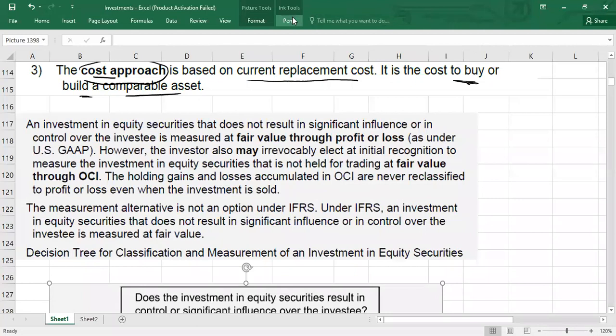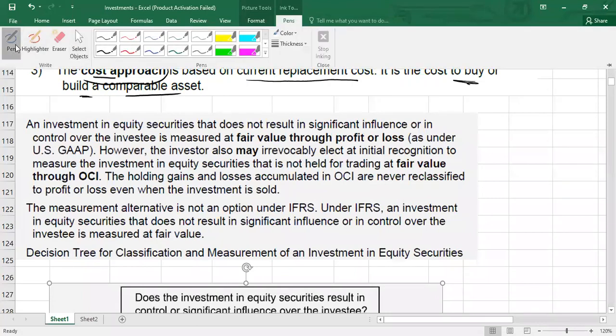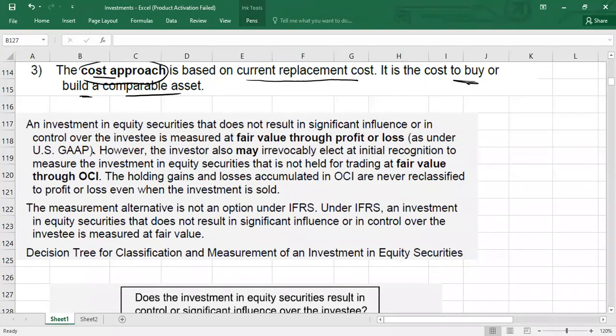Here we have the IFRS difference. Please don't forget: as per IFRS, an investment in equity securities that does not result in significant influence or control over the investee is measured at fair value through profit and loss.